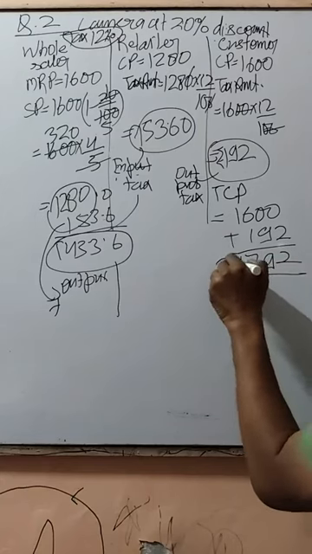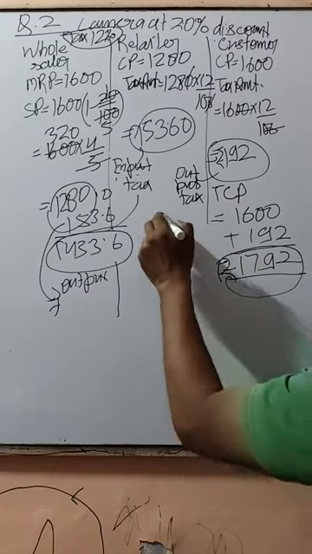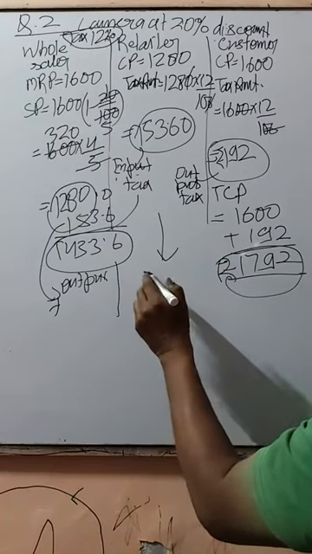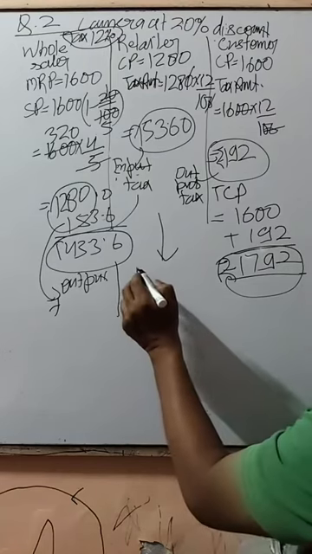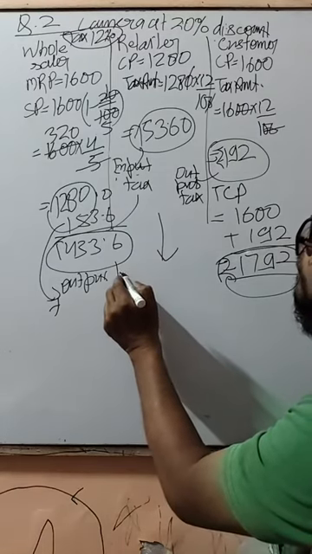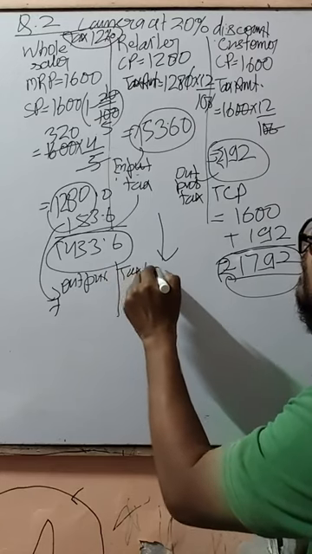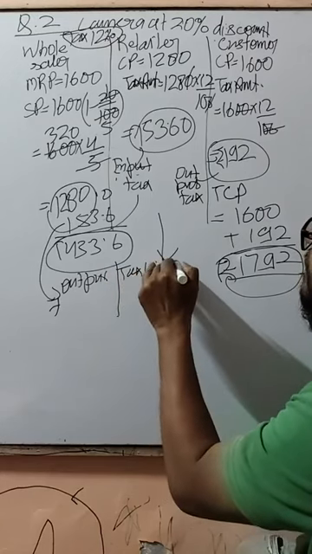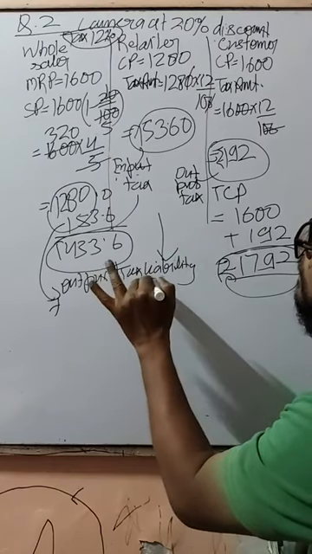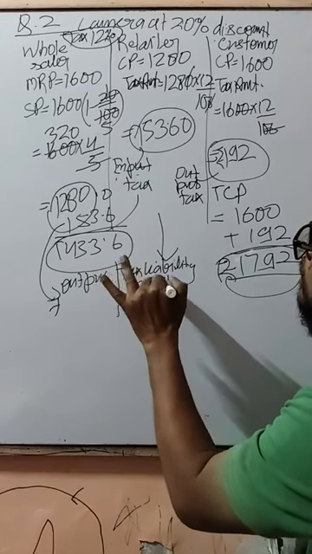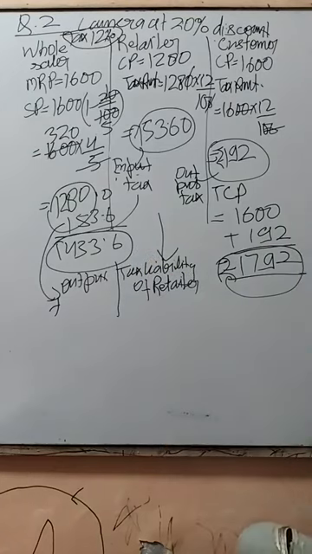This is the total cost price of customer, and tax liability of retailer is equal to how much?